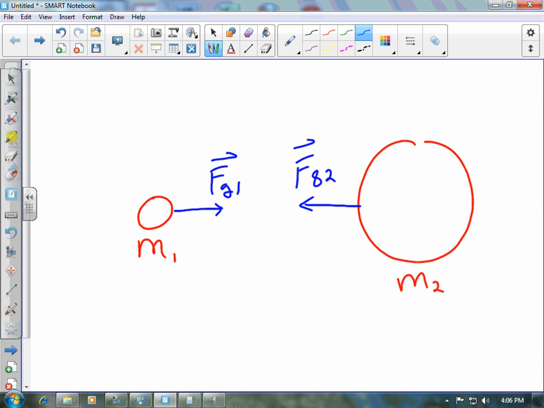They're the same force in the sense that they're the same magnitude, right? Same magnitude, opposite directions.